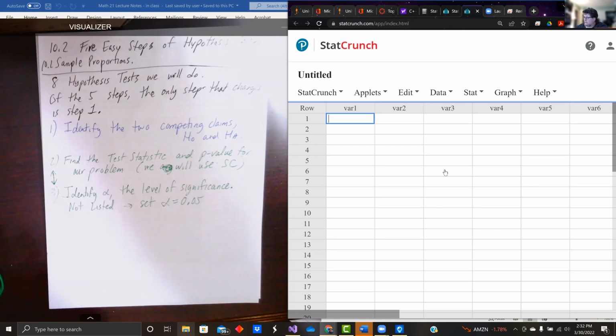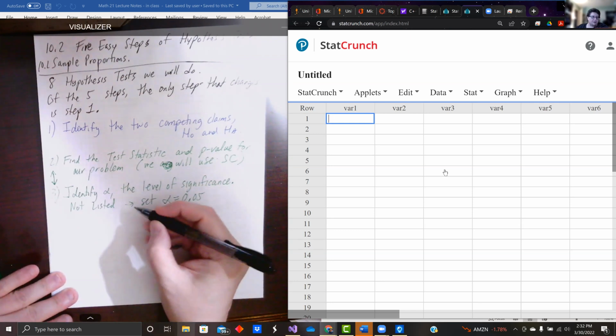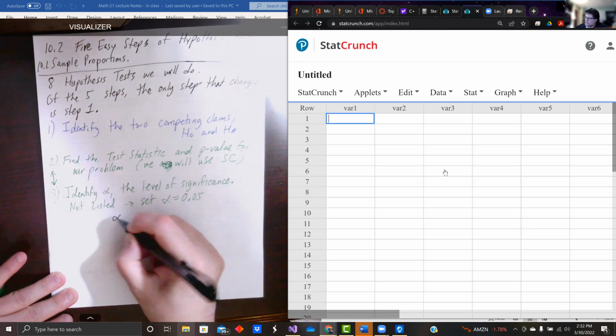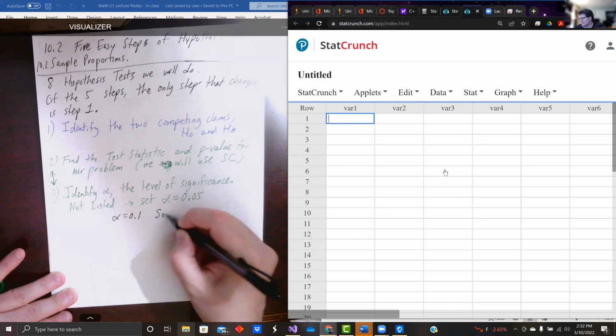Now, 0.05 is the one we use most commonly, but there are other options. So like if alpha equals 0.1, we have some evidence against H0.